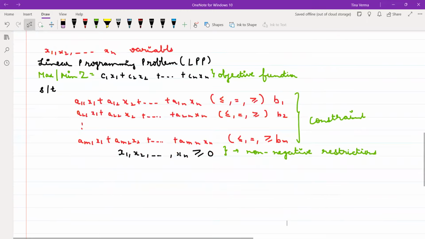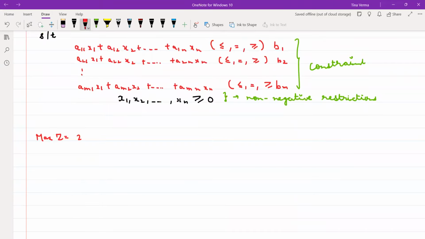So if I am writing this, is this given problem an LPP? The constraints are x1 plus 4x2 greater than or equal to 8, and another with minus 7x.